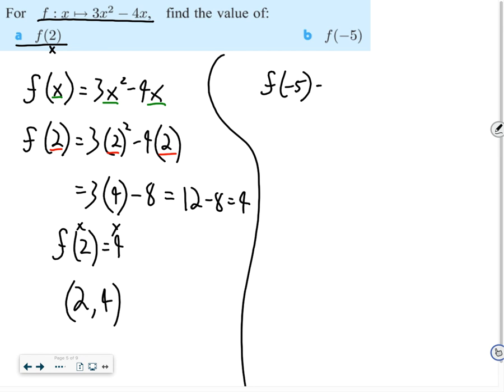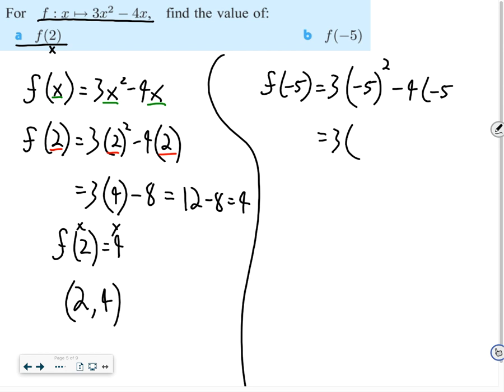nothing on the right side changes except my x's. So 3, I input negative 5. Always use parentheses here when you're substituting in. That'll help with our negatives. Okay, and then I have negative 4 times negative 5. As I evaluate this, parentheses first, I do 3.